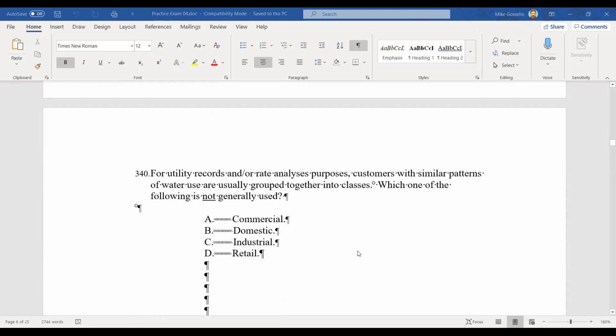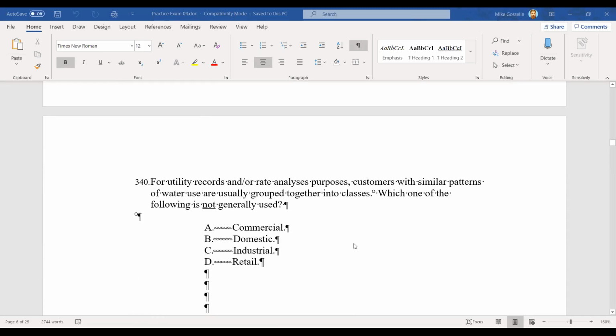Sorry, there we go. For the utility records and or rate analysis purposes, customers with similar patterns of water use are usually grouped together into classes. Which one of the following is not generally used? Yeah, you bet.